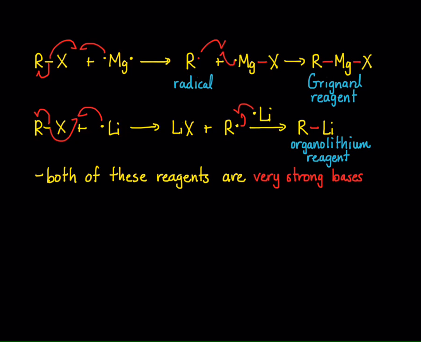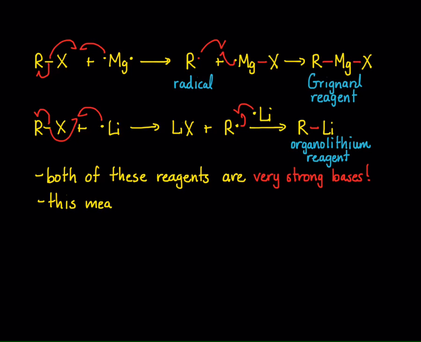Again, this is one of the reasons why we don't use polar protic solvents. If there's a polar protic solvent around with a hydrogen available, it can act as an acid, and a reaction ensues, right? So that's something that we always have to keep in mind. How is the solvent going to play a role in it? I want it to solubilize it. I don't want it to react with it.